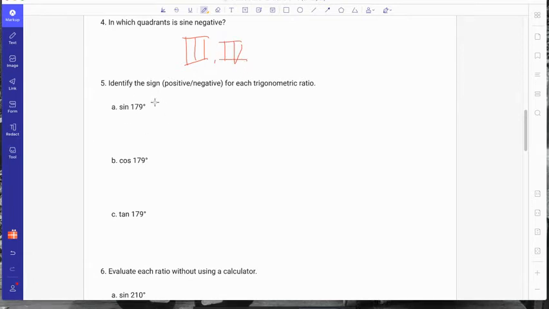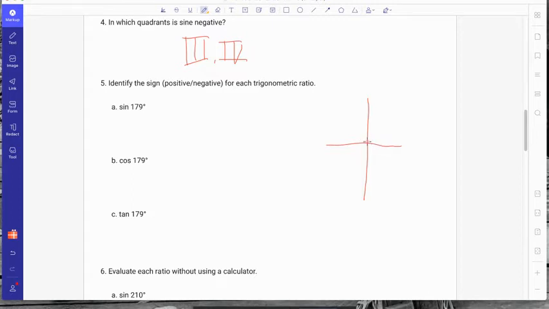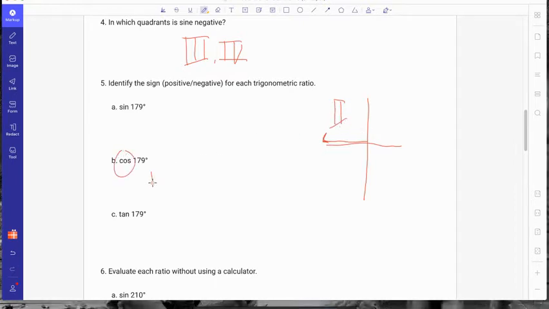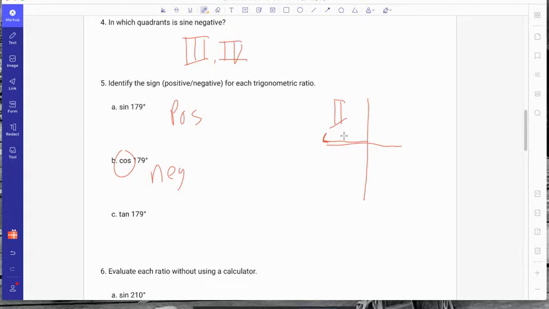All right, so now they want to know, identify the sign, positive or negative, for each trigonometric ratio. All right, so 179 degrees is going to be right about here somewhere, so it's in the second quadrant. And if I go back down, I remember that in the second quadrant, my cosine is negative. My sine is positive, so my x is negative on the left side.